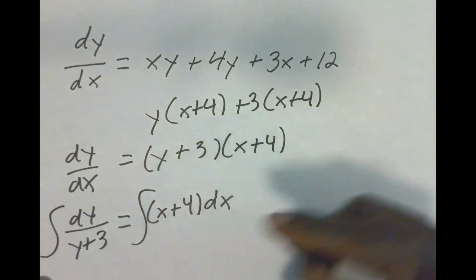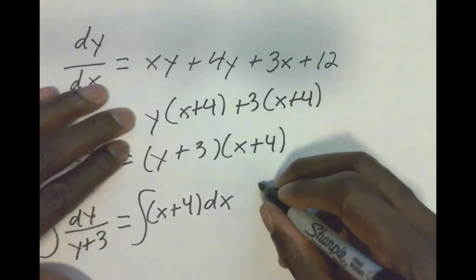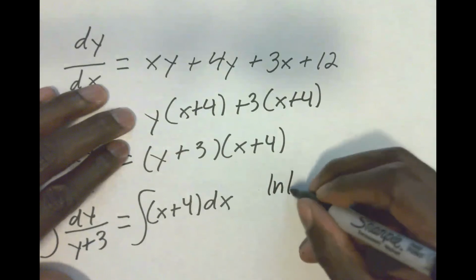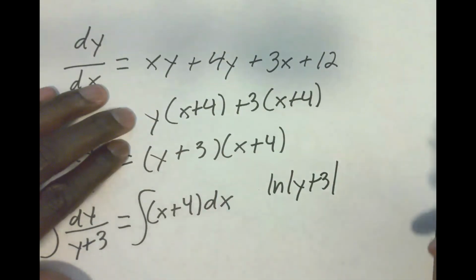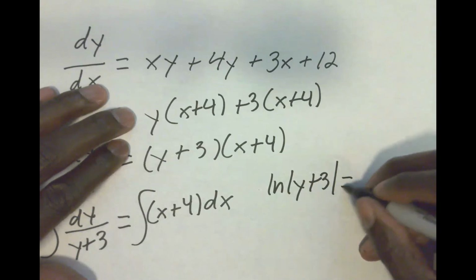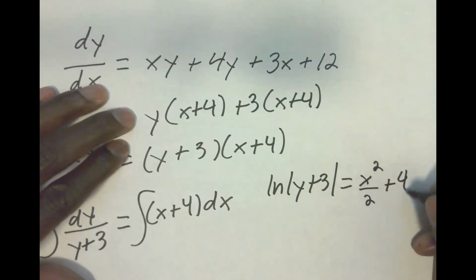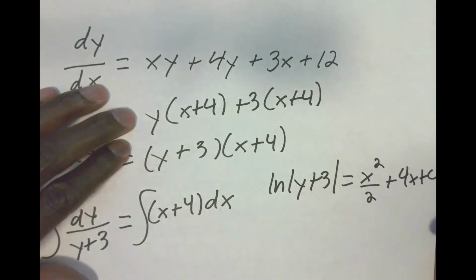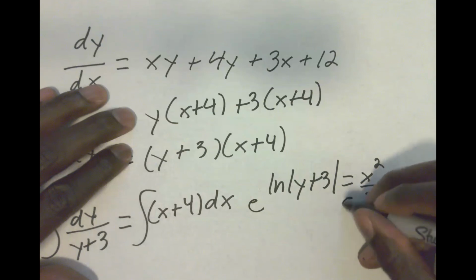So the integral of dy over y plus 3 is ln y plus 3. And the integral of x plus 4 is x squared over 2 plus 4x plus some constant. We'll make these the exponents for e.